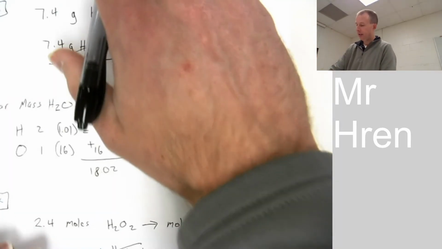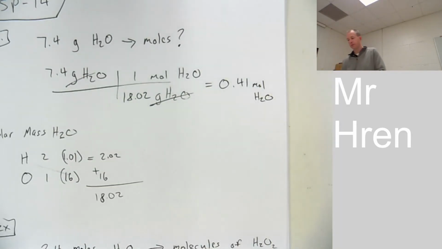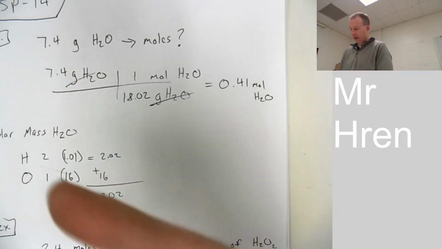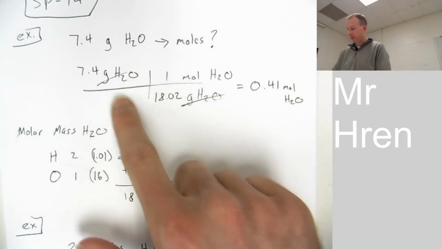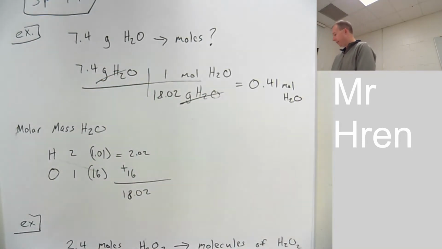So that's the big thing for solving these: the only difference, depending on the setup, is that if you're doing grams, you now have to figure out the molar mass of the compound.